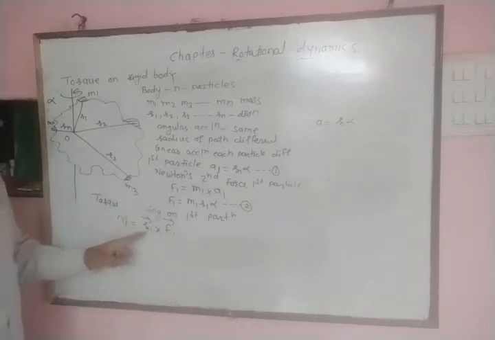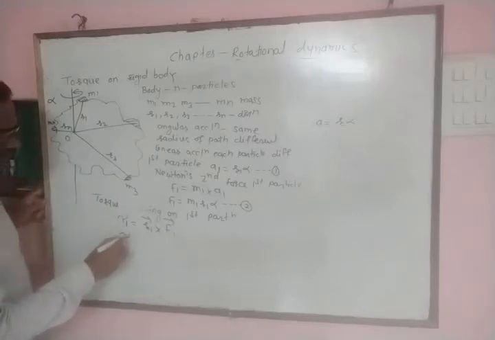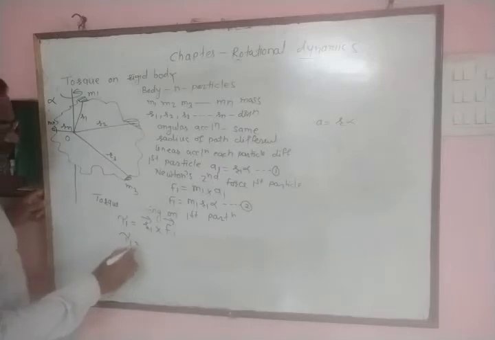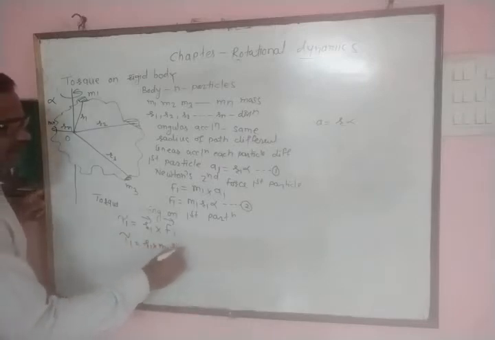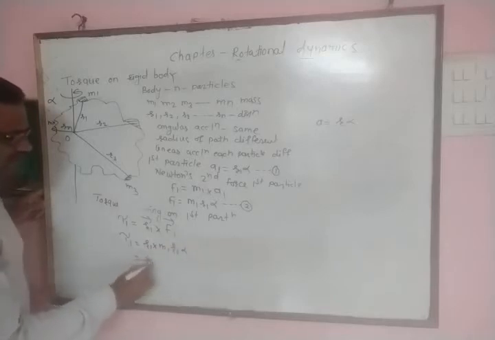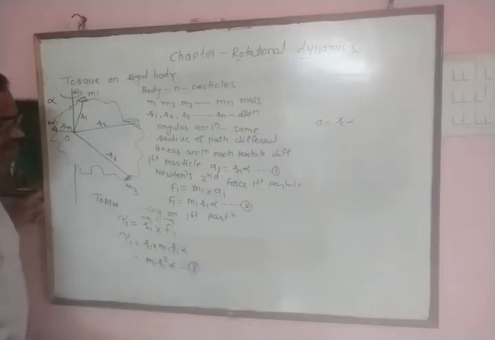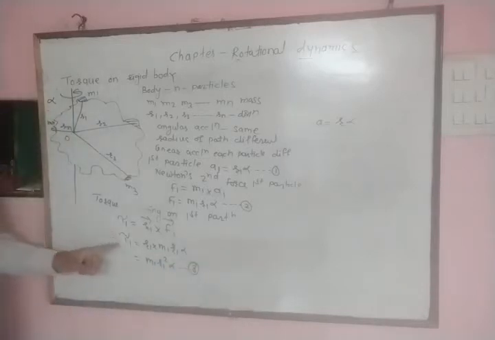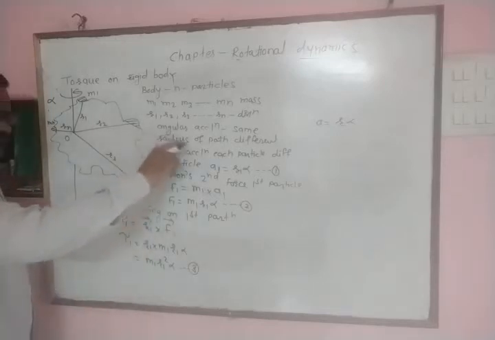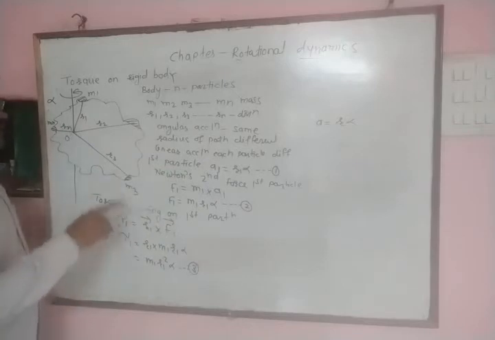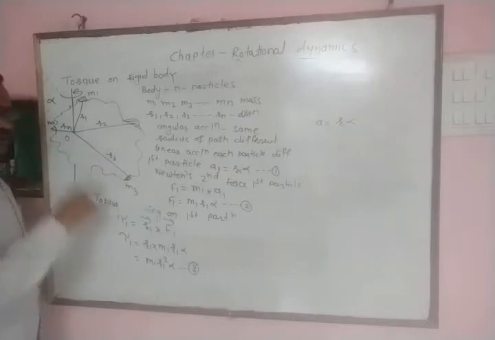Now here theta is 90, sine 90 is equal to 1. Therefore torque acting on the first particle is given by r1 into m1 into r1 into alpha. Therefore we get m1 r1 square alpha, and suppose this is equation number 3. This is torque acting on the first particle. By using the same method, we calculate torque acting on the second particle as well as torque acting on each particle.